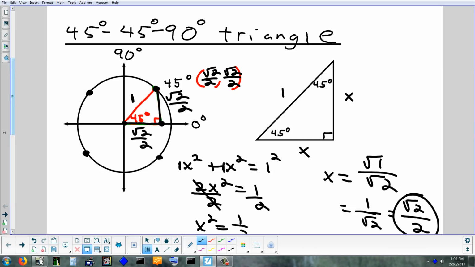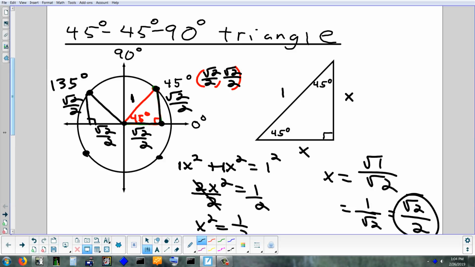Now, for today, we're not going to do the 135. So you don't have to worry about writing it. But when we do it, all it is a mirror image of the triangle we just drew. So when you mirror image something, do the lengths change? No. They stay the same.